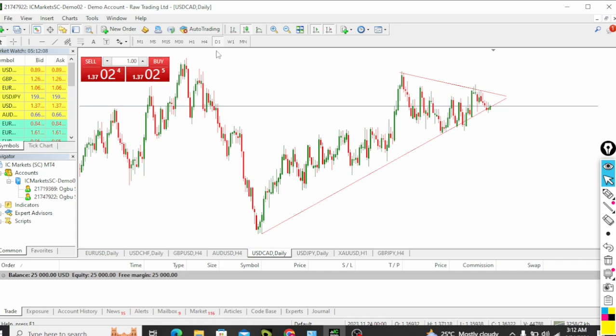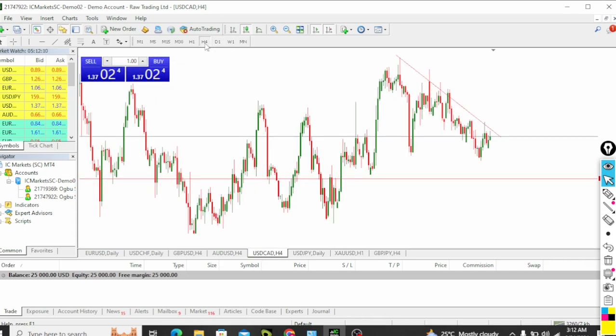All right, so that is the daily time frame, and this is the 4-hourly time frame, which confirms that this pair is on a bearish momentum downwards. So we expect a bearish candle to form around here that will usher this pair into a downward movement.